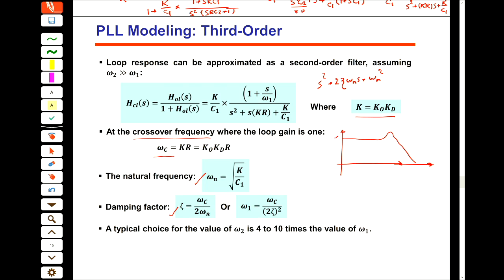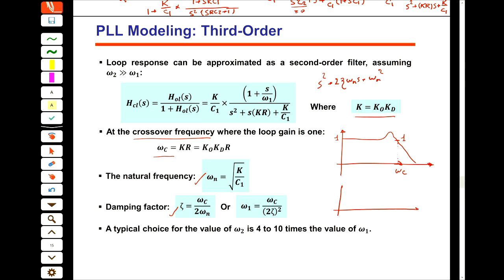And then here is the gain of 1, so it's increasing, and then again comes back, and again here is gain of 1, I mean at this point. This is omega c. And we call this the point of the phase margin in a control system.